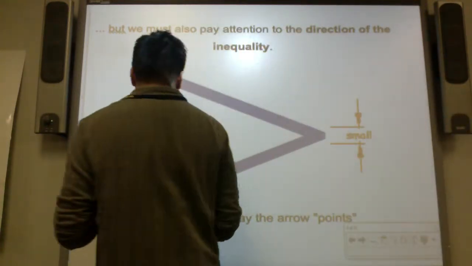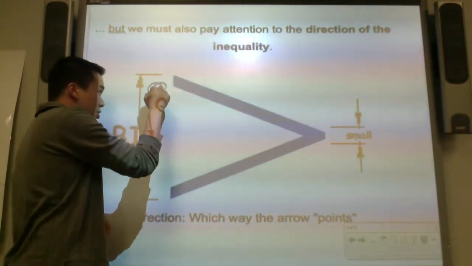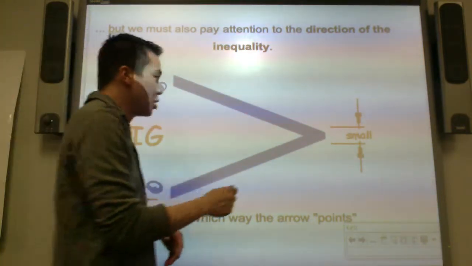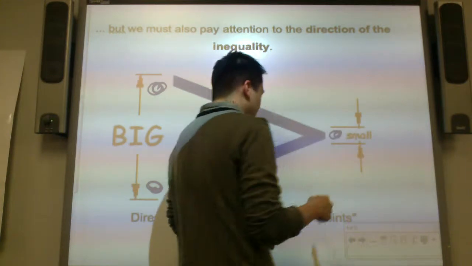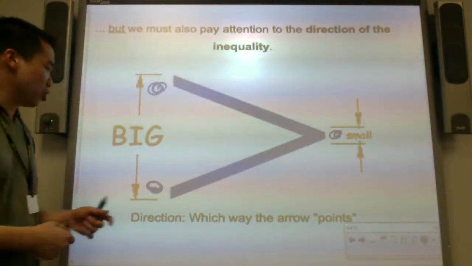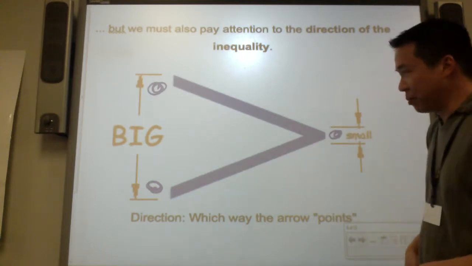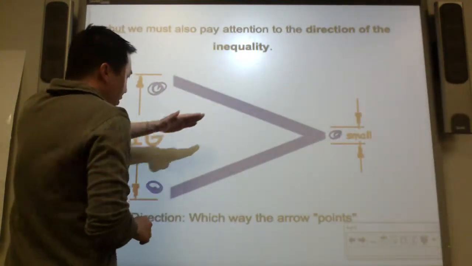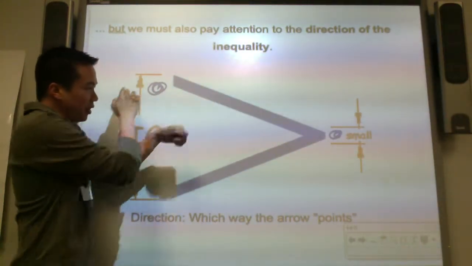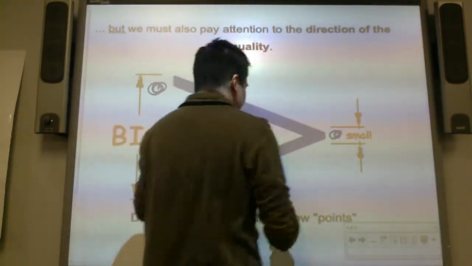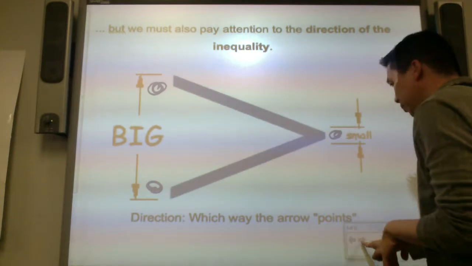For example, when I taught elementary school, I told the kids to draw 2 dots for the bigger number and 1 dot for the smaller number. Direction is which way the arrow points. So for example, if you look at this arrow, you draw the shade to the right because the arrow is pointing that way.